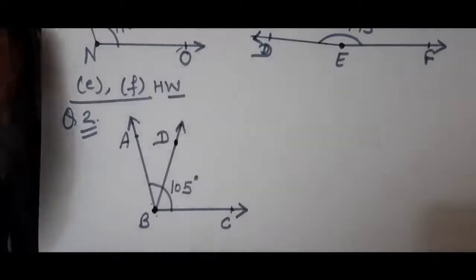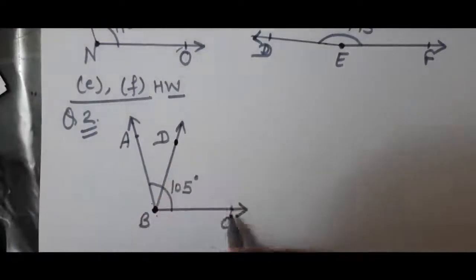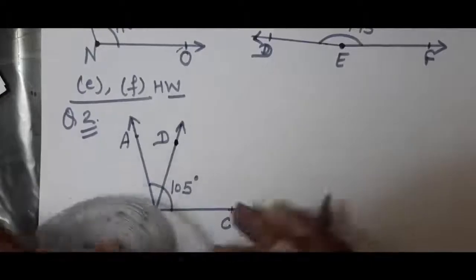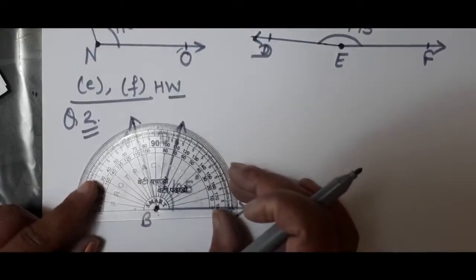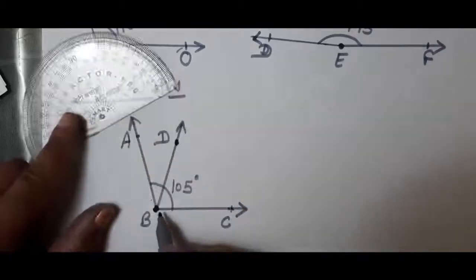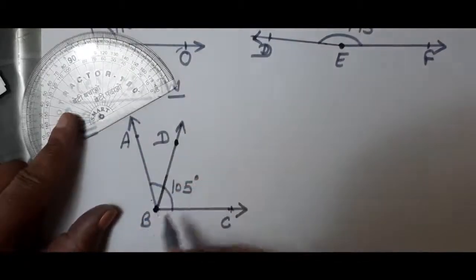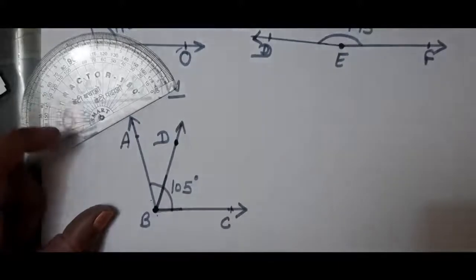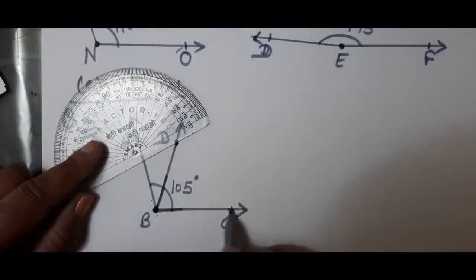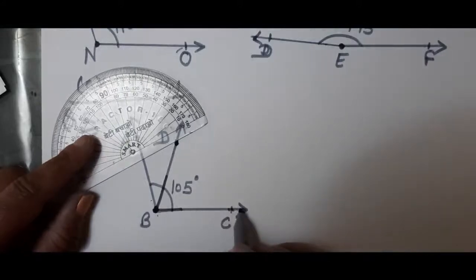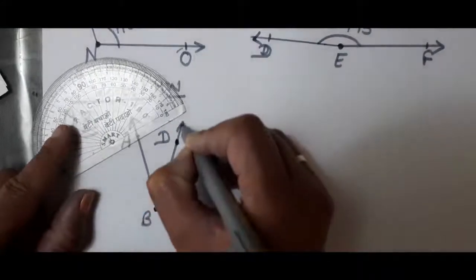So first of all, we will measure the angle DBC. In order to measure this angle, I am highlighting it. Place your protractor here coinciding with the ray BC and check on which measure this ray is coming.